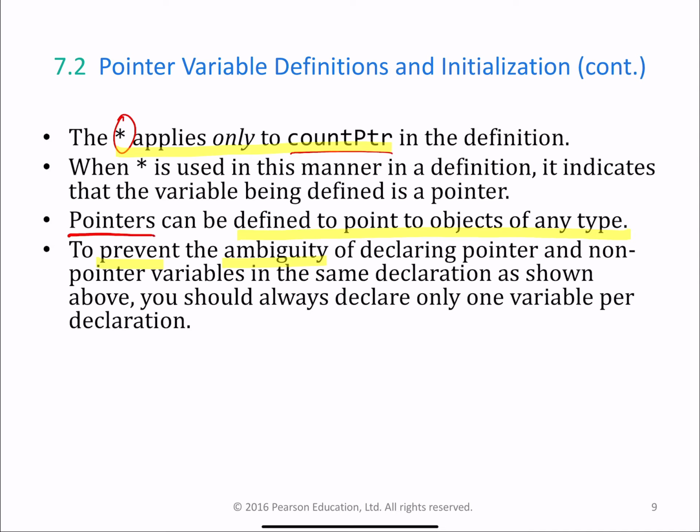Now, to prevent any kind of ambiguity when we're declaring pointers and non-pointer variables, we shouldn't put them in the same statement in the same line. We should keep them on separate lines, perhaps.